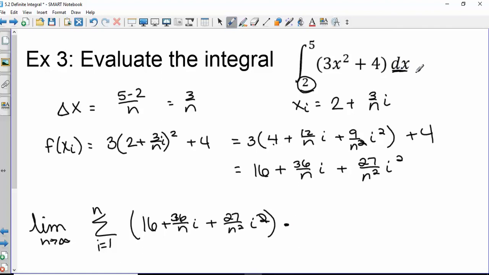Times, what do I replace the dx with? Change in x, which is 3 over n.